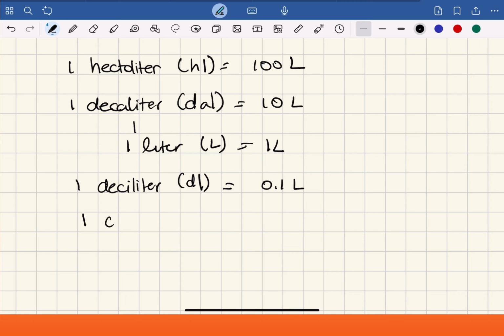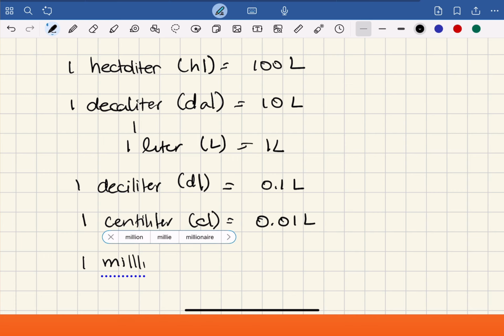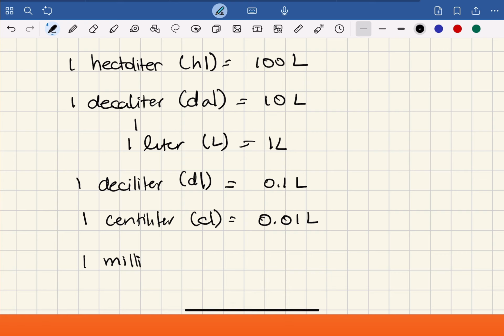And we have that 1 centiliter is equal to cL, which is 1/100th of a liter, so 0.01 of a liter. And then if we have 1 milliliter, mL is equal to 0.001, which is 1/1000th of a liter.